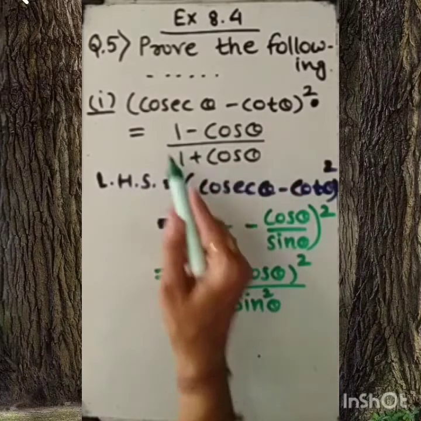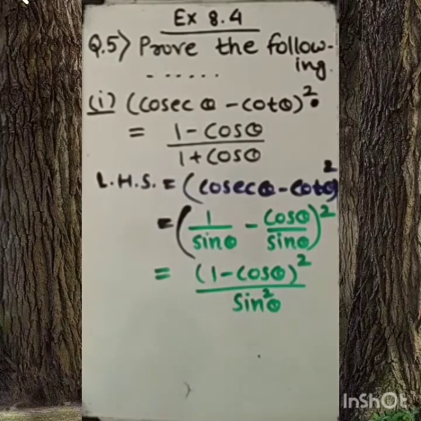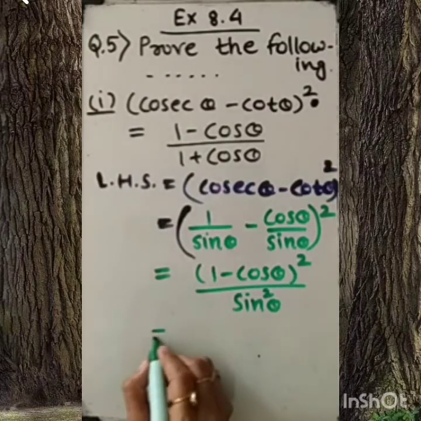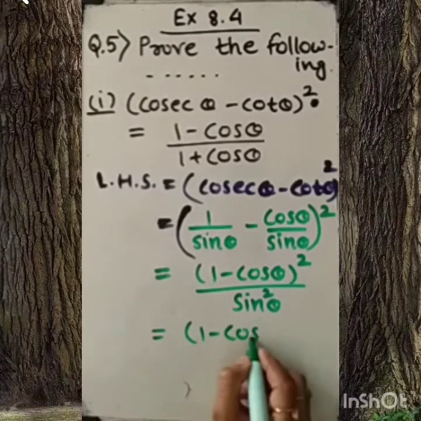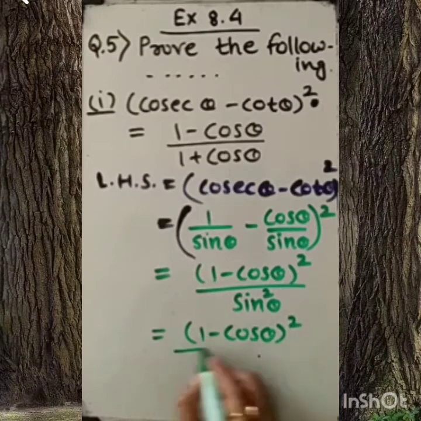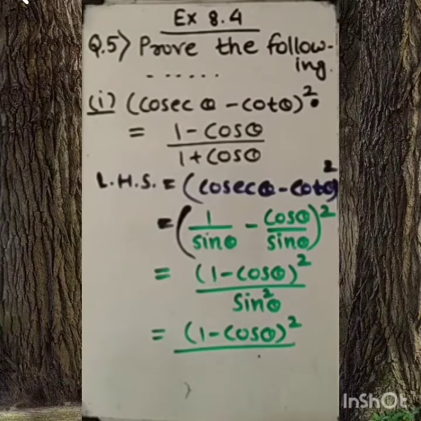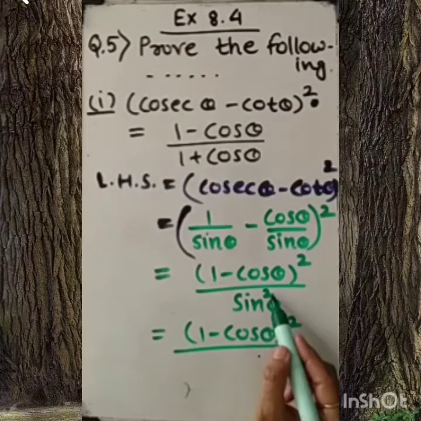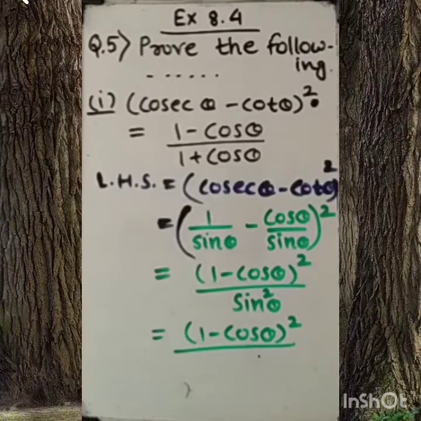We need to shift the focus towards RHS also. So dear student, here we need to apply the identity. As here it is given (1 minus cos theta) whole square, let it be as it is. We know very well the result of the first identity, that is very important: sin square theta equals 1 minus cos square theta. That is the important result from identity 1.